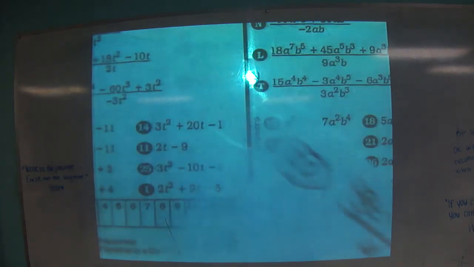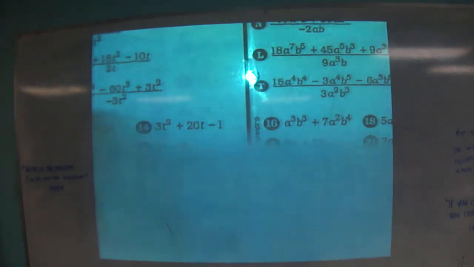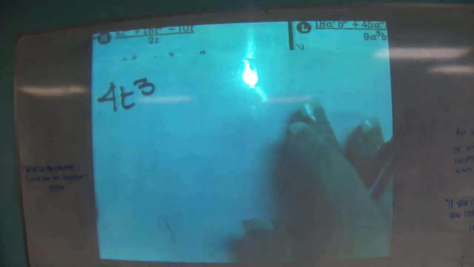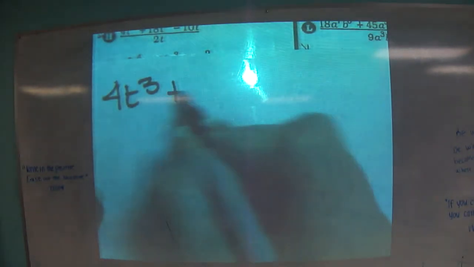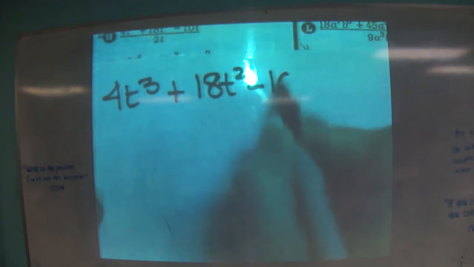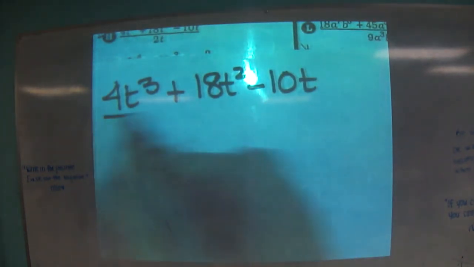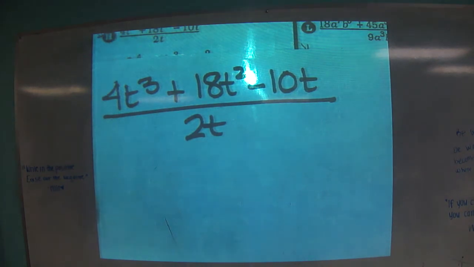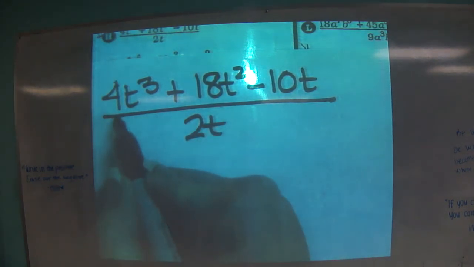Actually, let's look at H underneath it. 4t to the third plus 18t squared minus 10t over 2t. How many 2's in 4? 2.